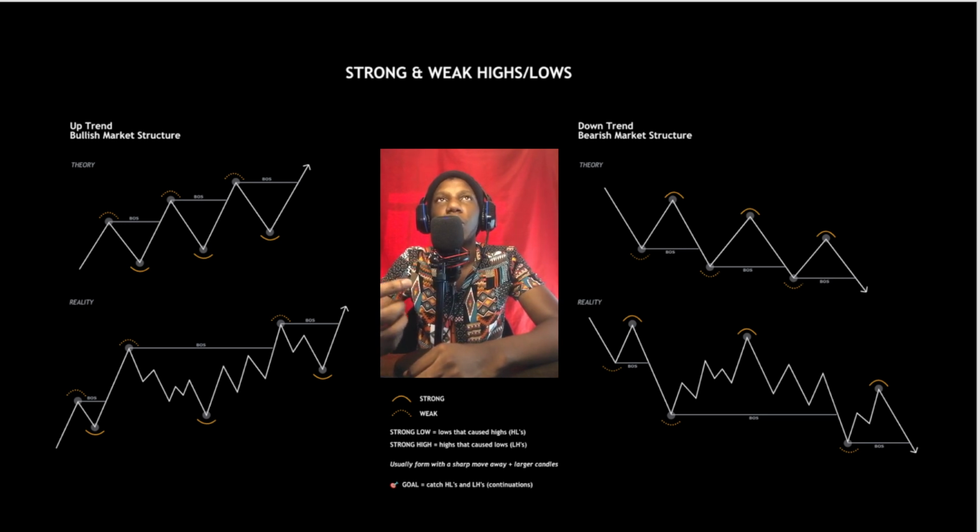So the strong area is basically the areas that we don't see fit to be taken out. So when I look at this area right here, I know that when it is strong, it's not gonna be taken out. When it is weak, there's a high chance, 70 to 80% chance, that weak area is going to be taken out according to the structure.